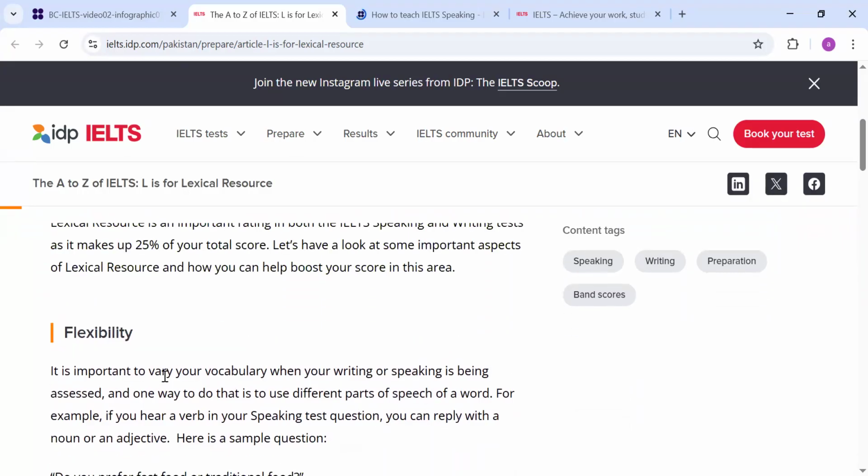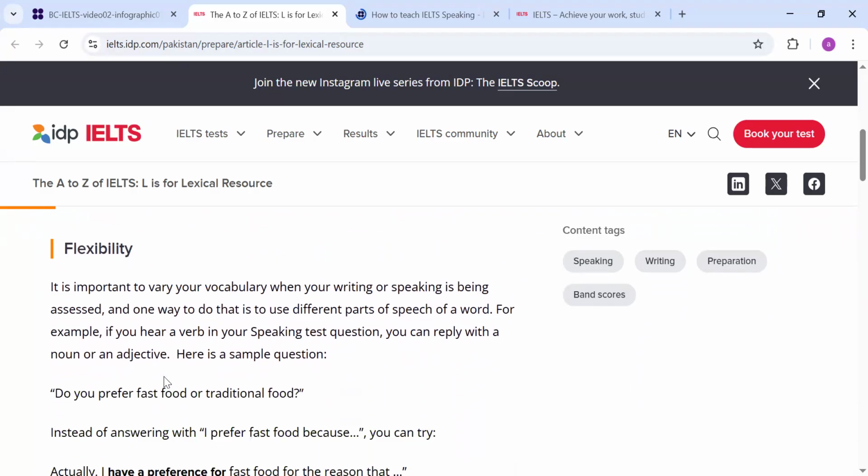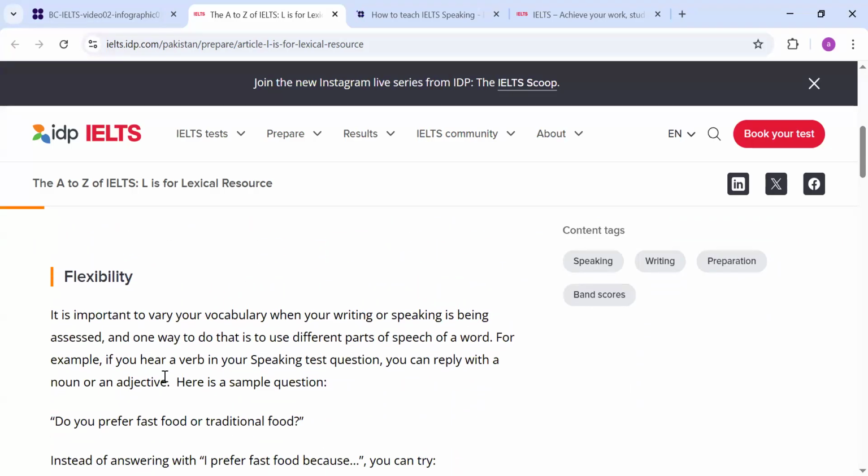Okay, one way is you have the word. But what are the other ways if you don't have the word, what will you do in the real exam in case there is such a topic? So it is important to vary your vocabulary when your writing or speaking is being assessed.